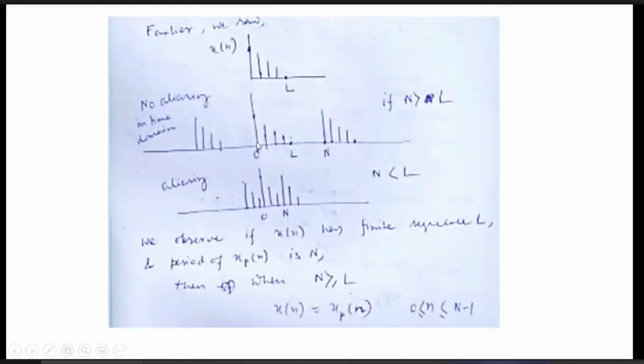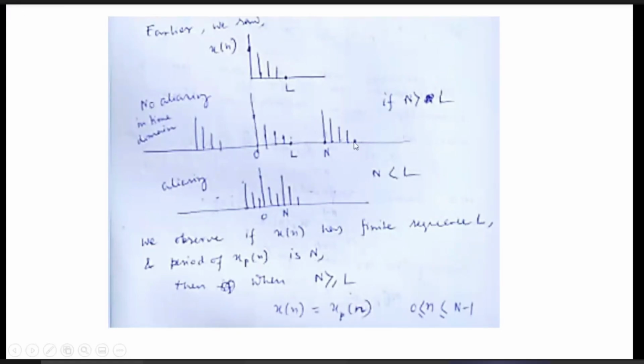Let us say that x of n is having length L, and xp of n is your reconstructed signal. Reconstructed means reconstructed by taking the inverse Fourier transform of the samples of the Fourier domain signal.